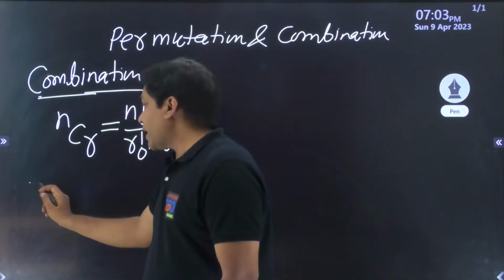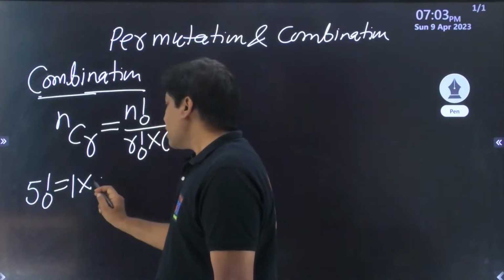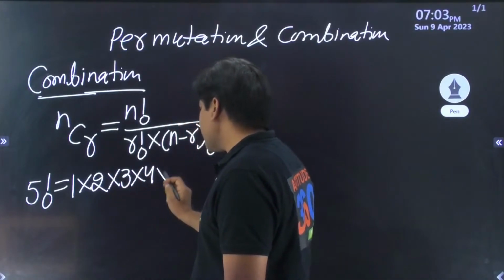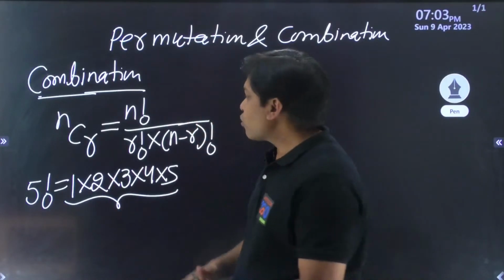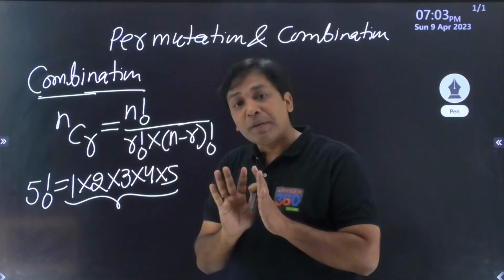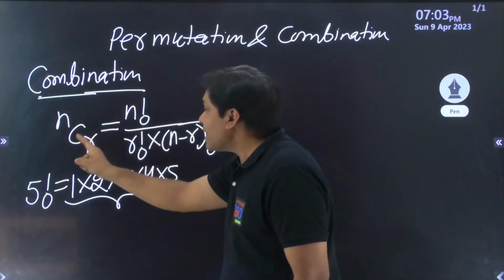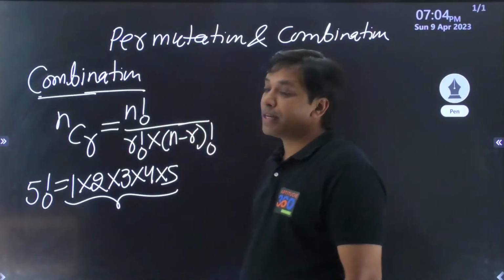If you write 5 factorial, mathematically this is the product of the 5 natural numbers starting from 1 to 5, isn't it? So what did I say? nCr. You do not have to be concerned, there is no need to be afraid. It only says that nCr is equal to n factorial upon r factorial into n minus r factorial.